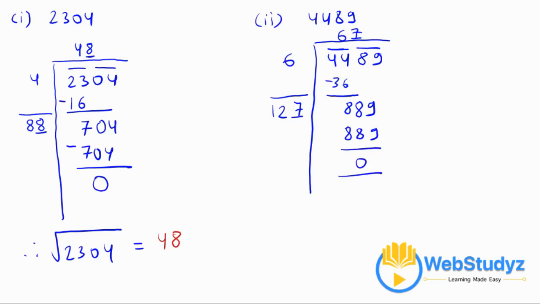So from this we will get the value of under root of 4489 comes out to be 67. Now move on to the third one, which is 3481.